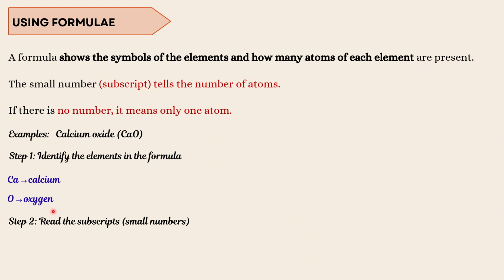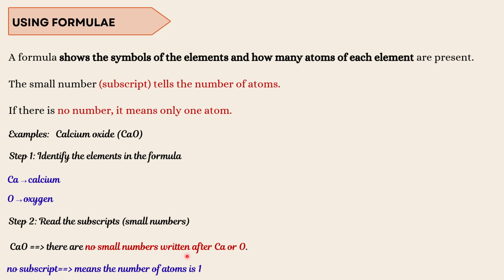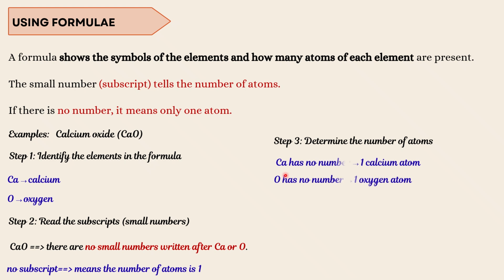Now the next step is to check for the subscript, whether a subscript is given or not. I can see that there is no number written after calcium or oxygen. So I will consider that since there is no number, there is one written. So I will consider that there is one atom. Now lastly, write down the number of atoms of each element present in the given formula. As I can see, calcium has no number.